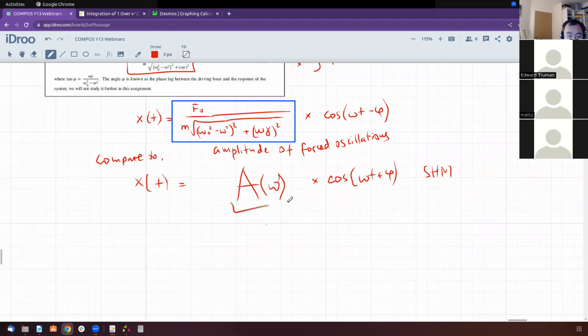The amplitude is a function of omega. Omega 0 is the natural frequency. Gamma is the coefficient of friction, or coefficient of drag. M is the mass, and F0 is the amplitude of the external force.